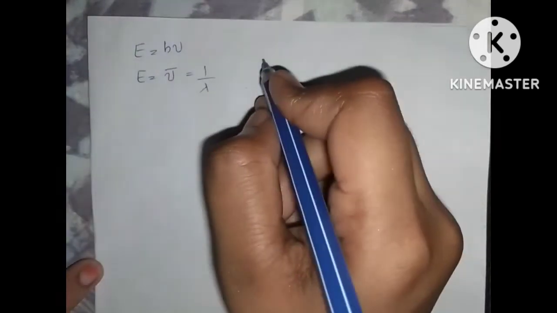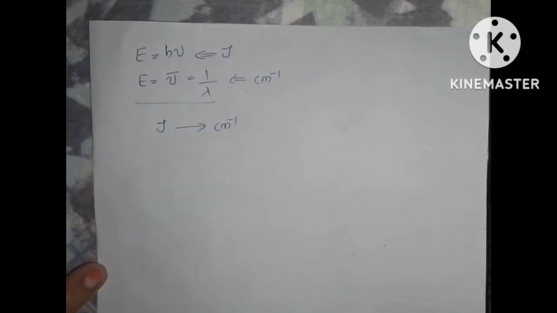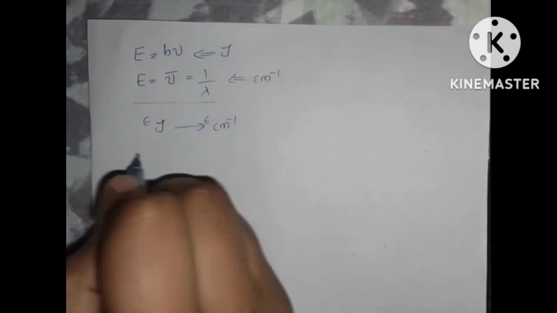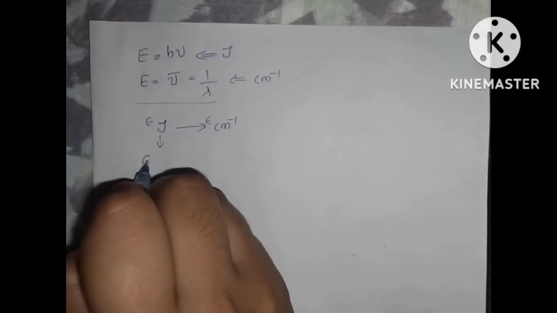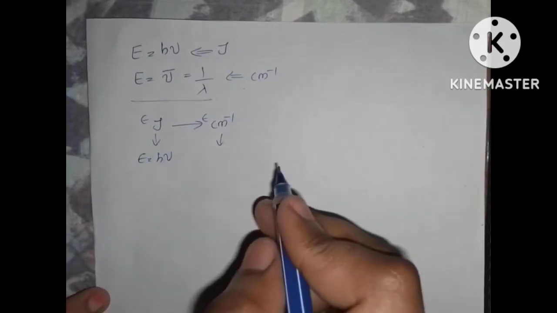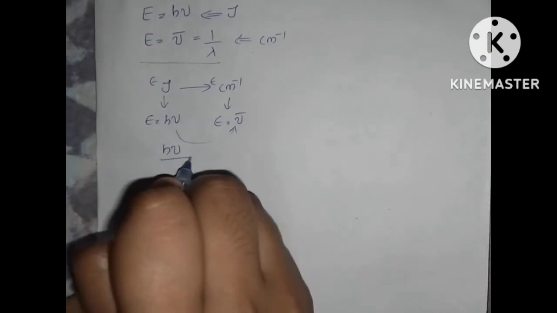So if in the question the energy is in joules, it means the equation is E equal to h nu. But if energy is given as some centimeter inverse value, they mean the equation E equal to nu bar. To convert energy in joules to centimeter inverse, divide by h into c.